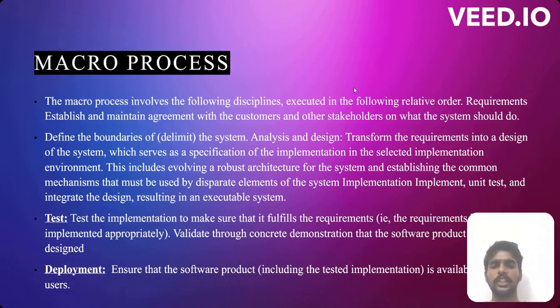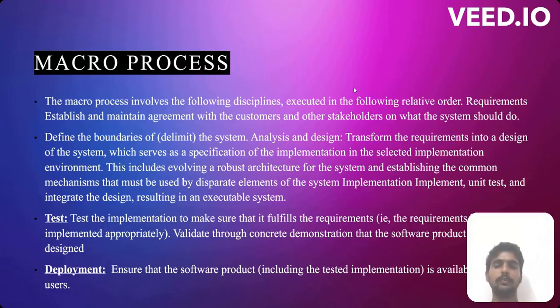This includes evolving a robust architecture of the system and establishing the common mechanisms that must be used in the design of the elements of the system. Implementation: unit testing and integration testing of the design, resulting in an executable system.